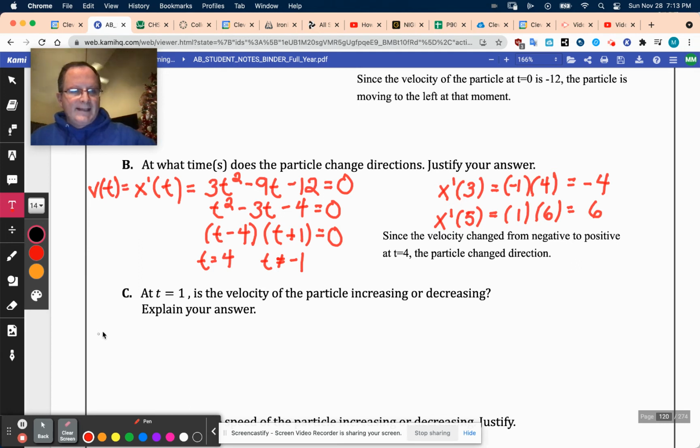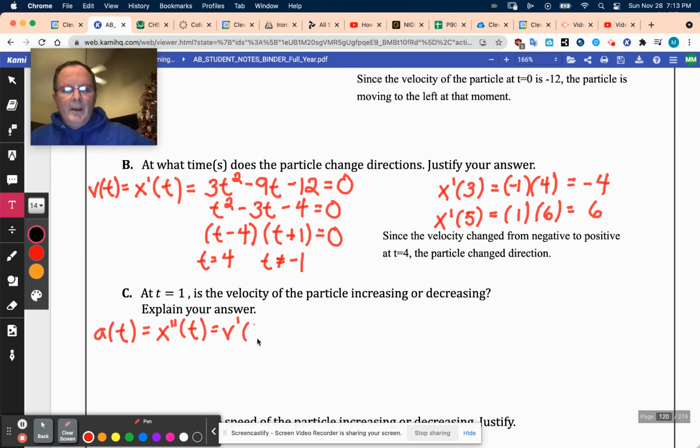But now I could say acceleration of the particle at time t would be the second derivative of position, also known as the derivative of the velocity, since I called that velocity up here.